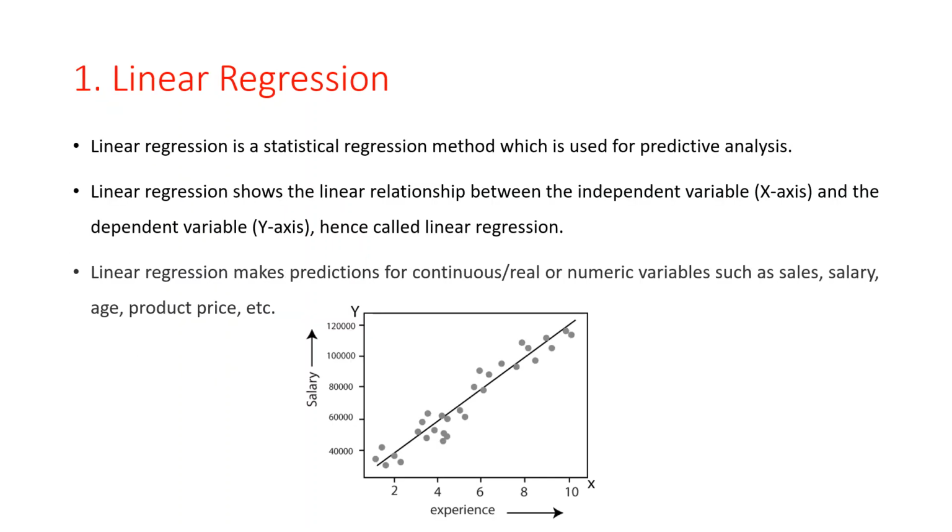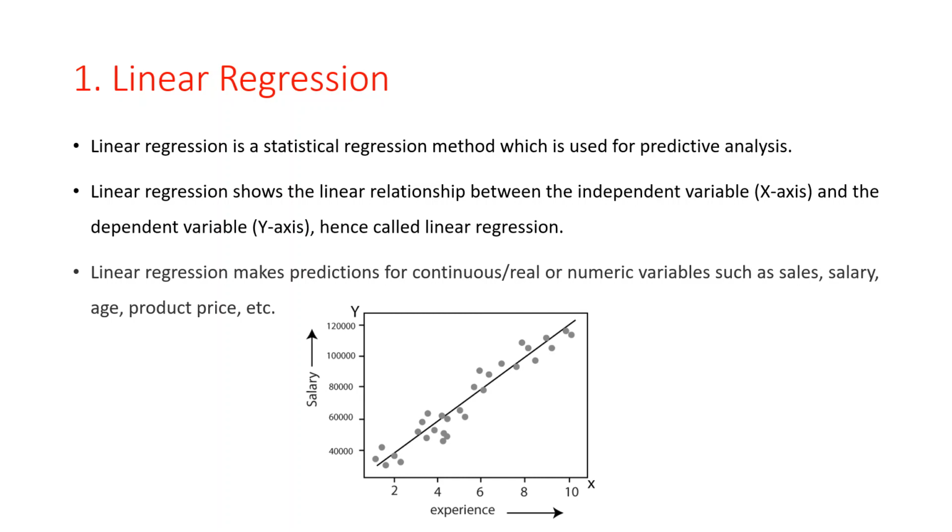First, the regression type we discuss is linear regression. Linear regression is a statistical regression method which is used for predictive analysis. It is one of the very simple and easy algorithms which works on regression and shows the relationship between continuous variables. What are the continuous variables?